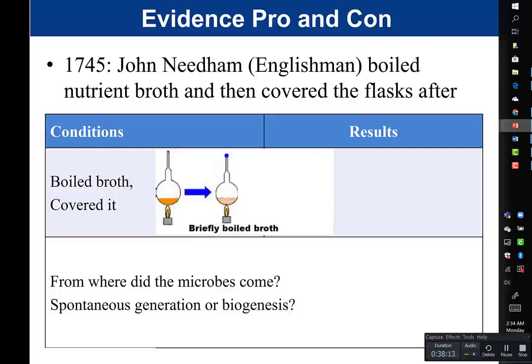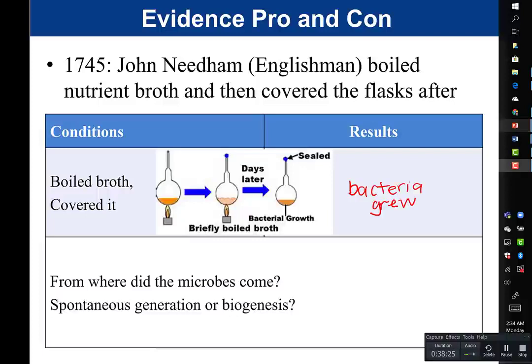And what he saw was that when he looked days later, there was bacterial growth in the flask. So the bacteria grew in that flask. So which theory do you think he suggested this shows? Did that show spontaneous generation or biogenesis?